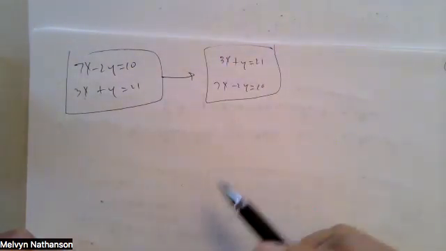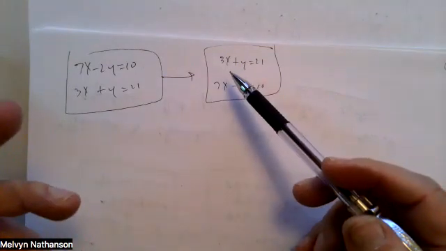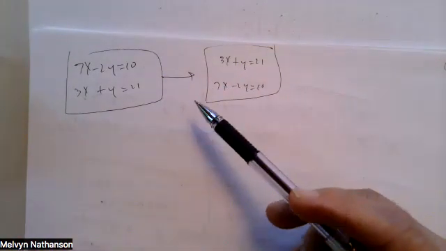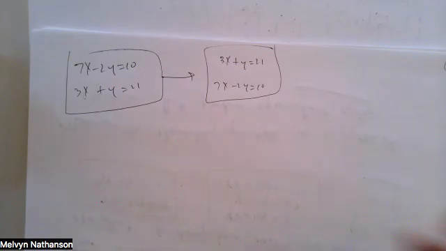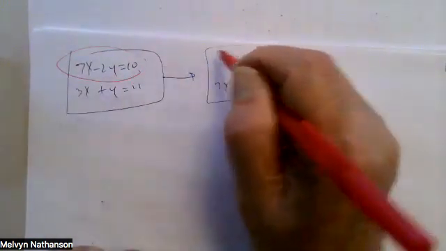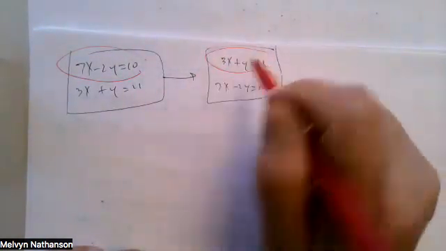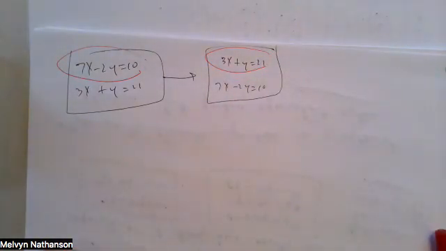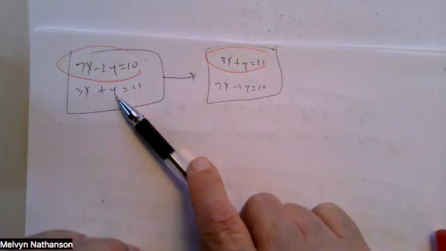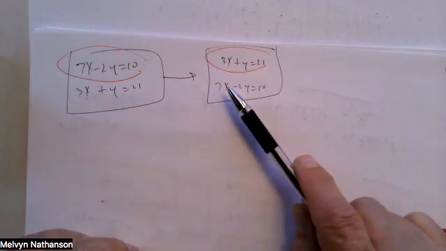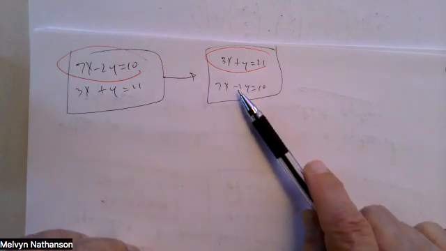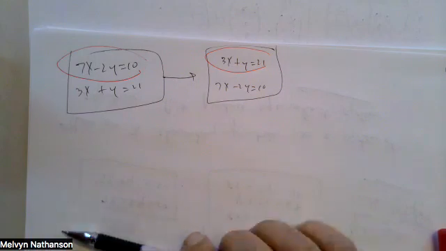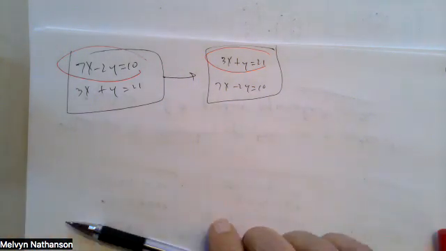So all I did was interchange the two equations. These are different systems because in the first system, this is the first equation, and in the second system, this is the first equation. And in the first system, this is the second equation, and in the other system, this is the second equation.